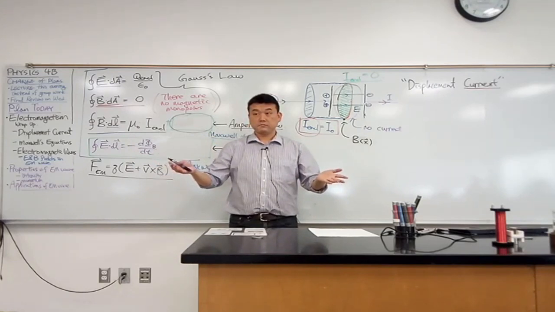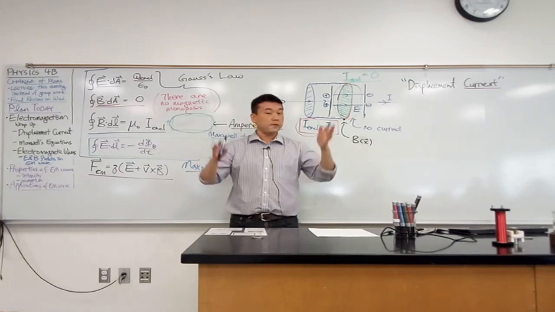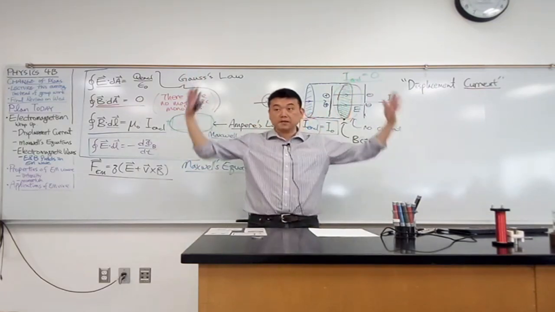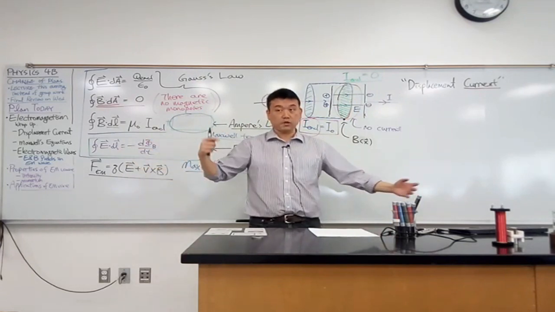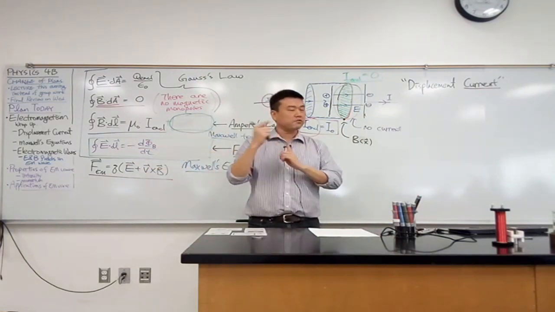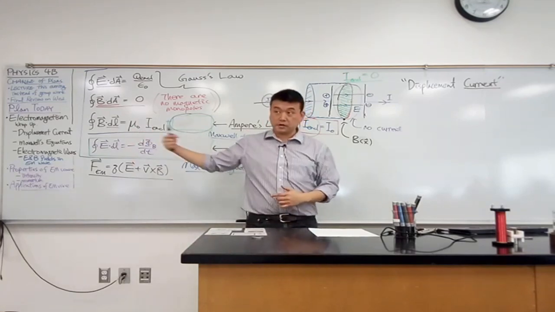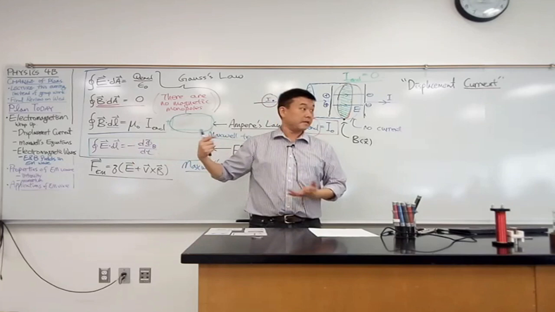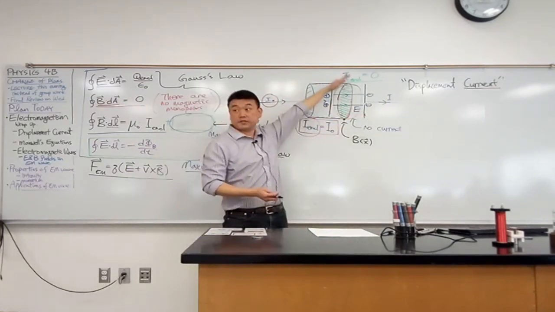Charges on the plate. Yeah, so if you had the charges accumulated on the capacitor, then with no current coming in, you would have electric field, right? So what do you need to be able to say about the electric field to say that there's current coming in? Yeah, that it's changing. In this case, the electric field is increasing.